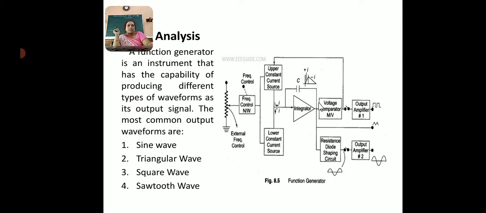A function generator is an instrument which has the capability of producing different types of waveforms as its output signal. So the function generator is the device which we use to produce waveforms like sine wave, triangular wave, square wave and sawtooth waves.